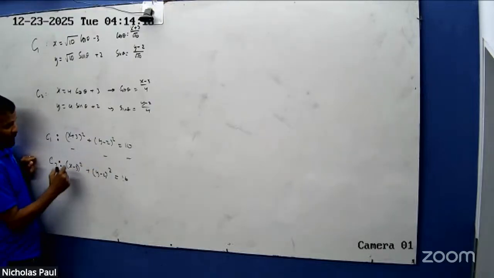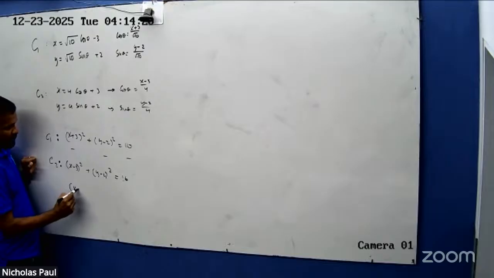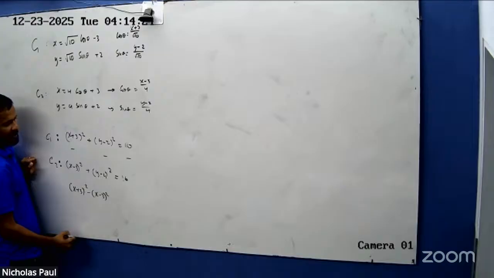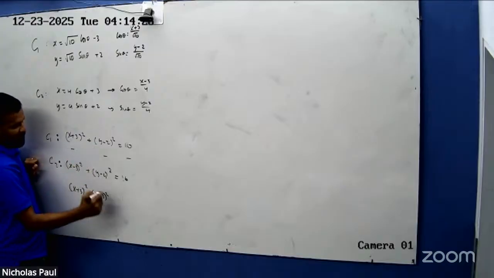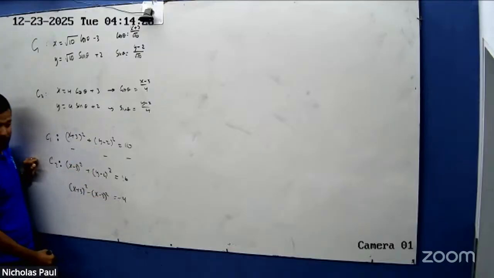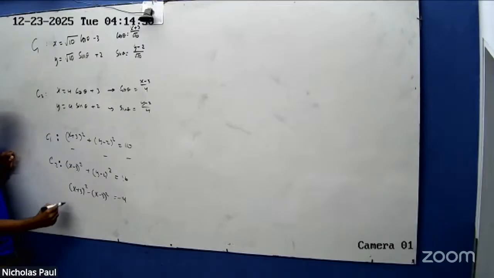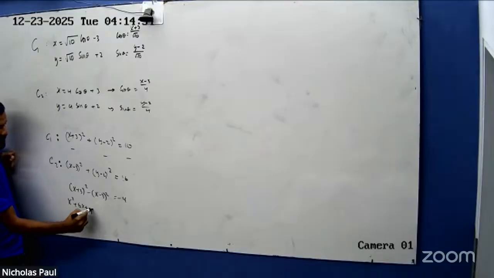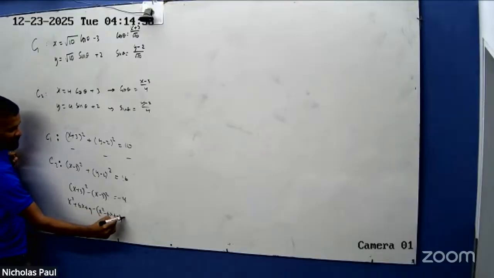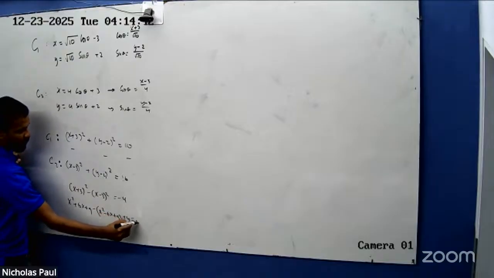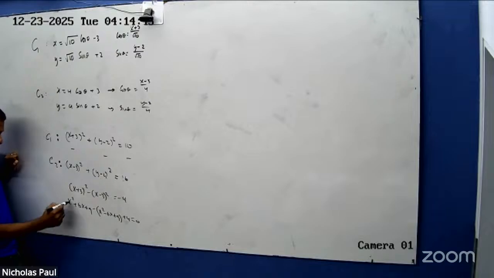You will end up with x plus 3 squared minus x minus 3 squared. This will cancel and you'll get minus 4. So you'll get x squared plus 6x plus 9 minus x squared minus 6x plus 9 plus 4 is 0. So the x squared cancels.